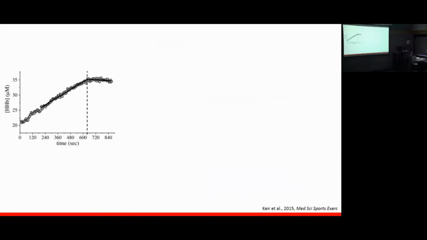It is important to say, however, that the behavior of the HHB has already been described in the literature during ramp incremental tests. Usually we have a linear increase followed by a plateau. And the point at which this plateau begins to occur has been defined as the HHB breakpoint.